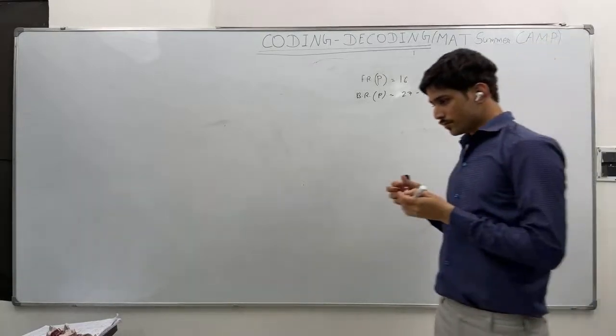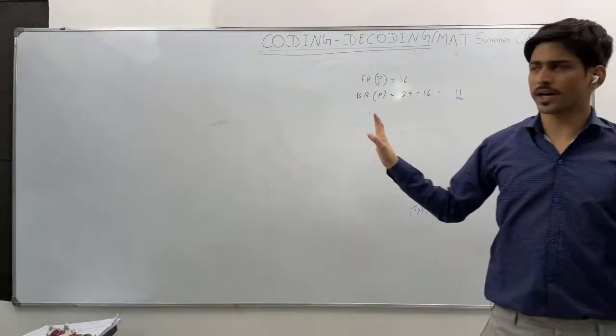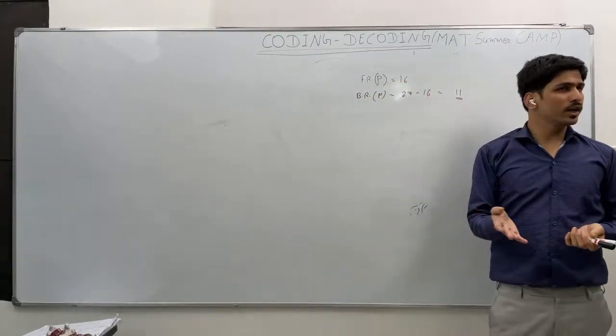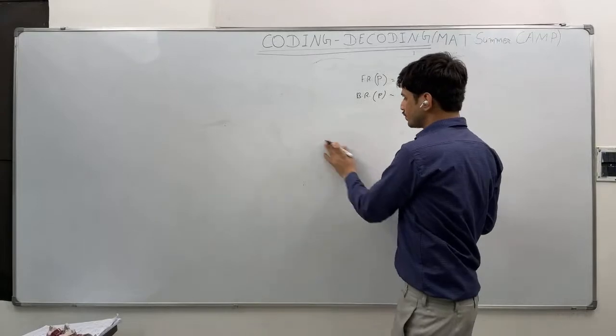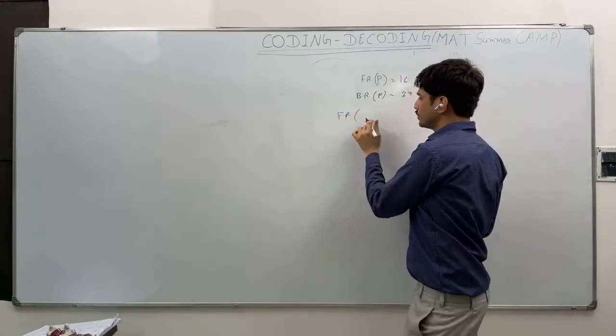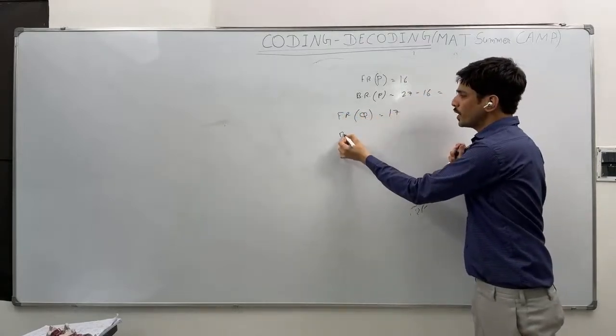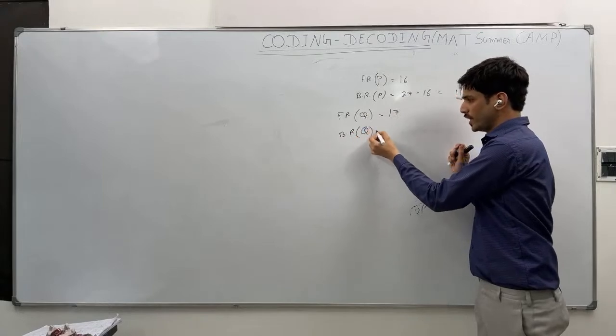Now let's say the forward rank of Q is 17. What is the backward rank of Q? 10.